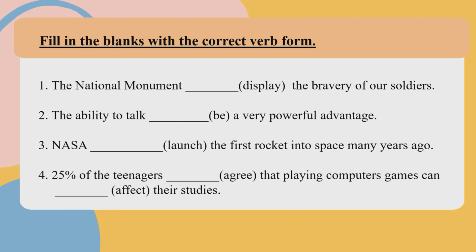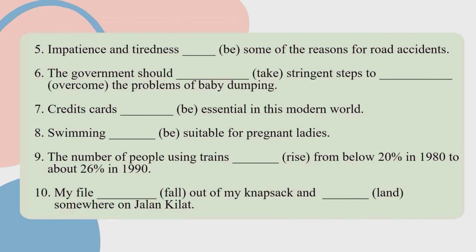If the answer is yes, then you need to think of the verb, with the s or without the s. If the sentence is in the simple past tense, then you need to use the past tense verb. Please copy these sentences from number 1 to number 10 in your foolscap paper and answer the questions.